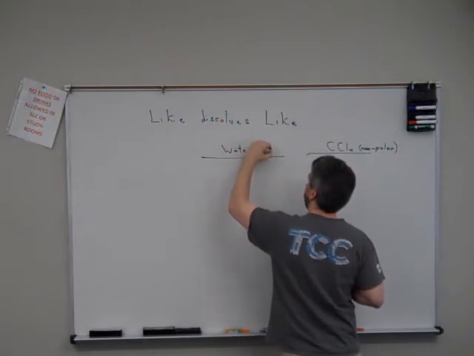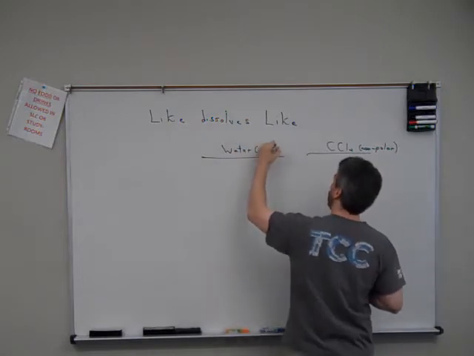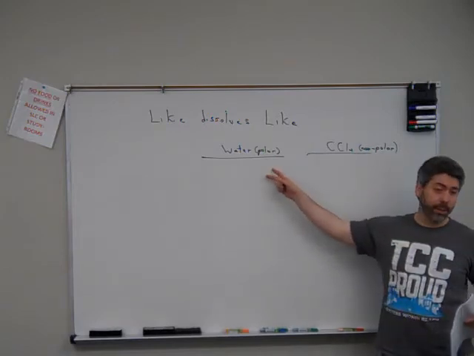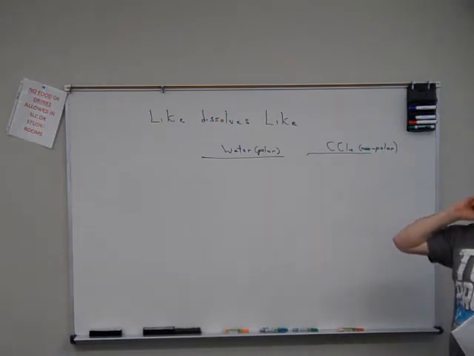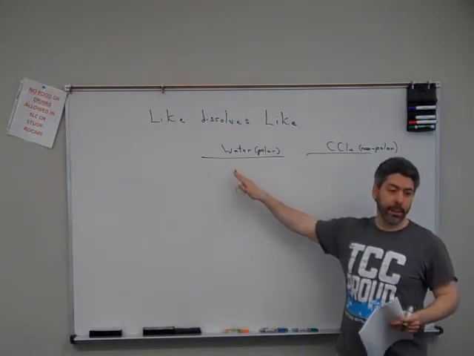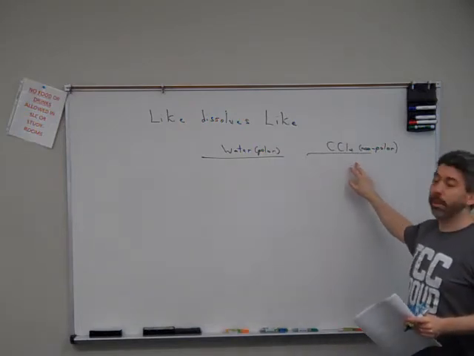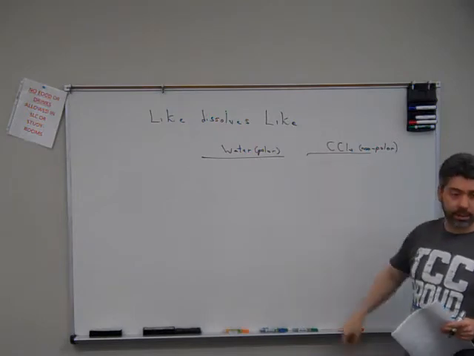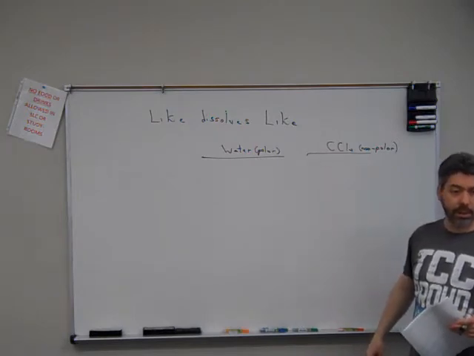I don't know if your teacher is going to tell you whether these are polar or non-polar. You may have to know that. Water, it's pretty easy that you should know that's polar. But the other ones like CCl4, hexane or methane are non-polar.